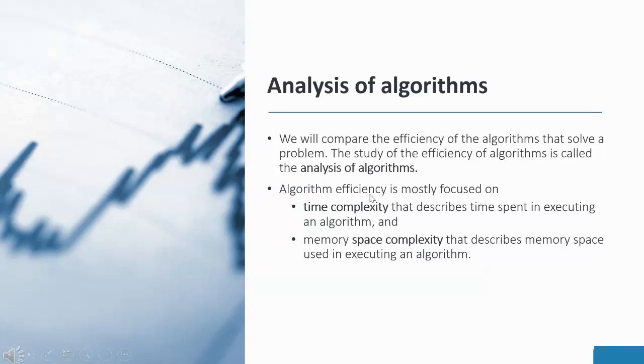Algorithm efficiency is mostly focused on time complexity and space complexity. Time complexity describes the time spent in executing an algorithm, and space complexity describes the memory space used in executing an algorithm. The less time spent, the better, and the less space used, the better.